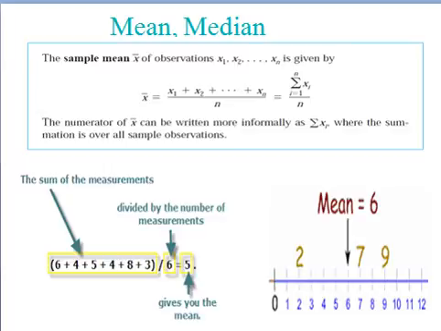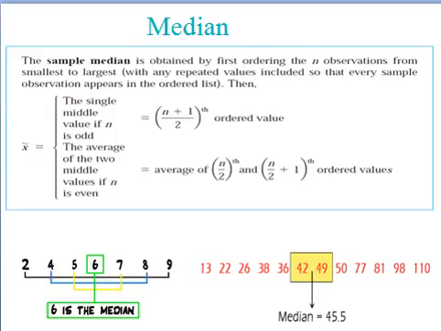Let's talk about the median. The median is basically the middle value, right? The sample median is the middle value once the observations are ordered from smallest to largest. If my number of values is even, then I need to take the two middle values and average them, and whatever the average is, that will be my median.